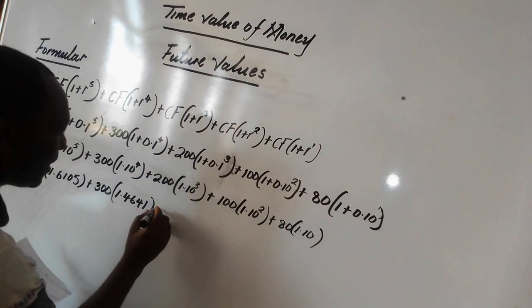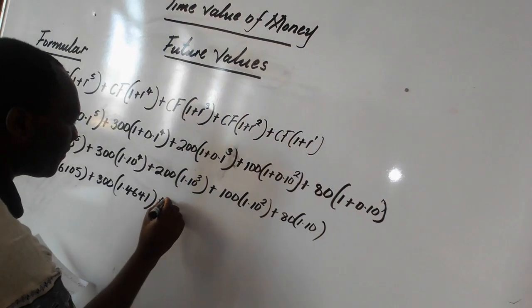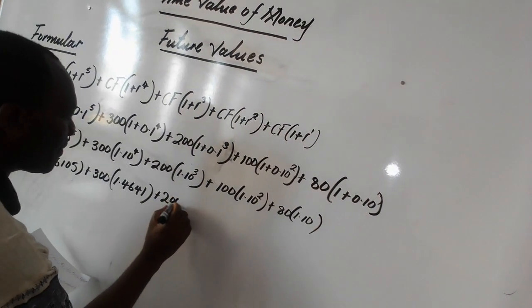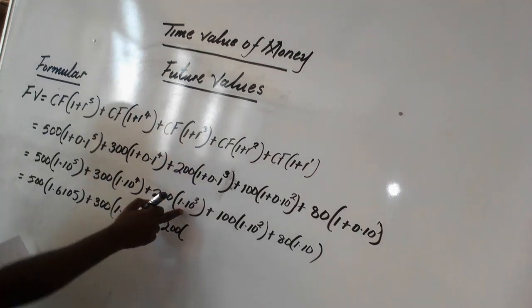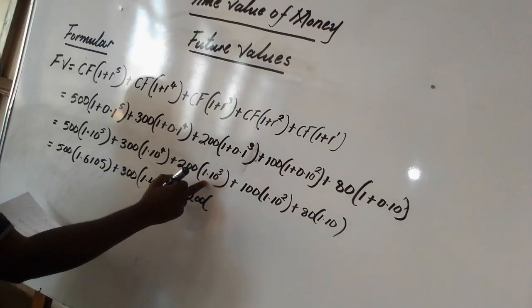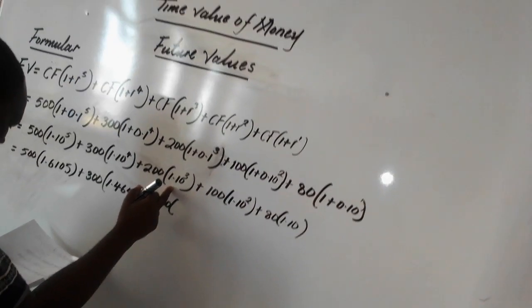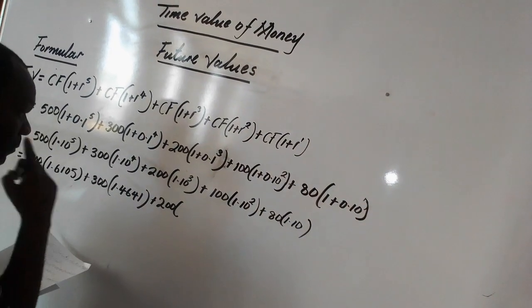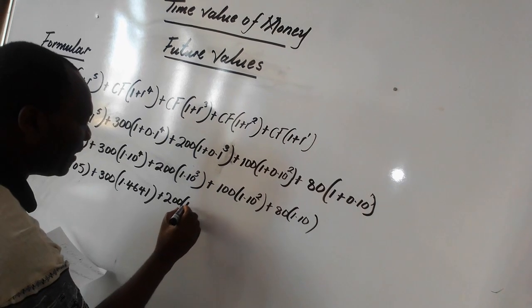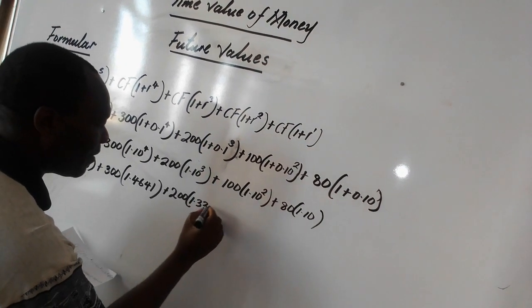Okay, you have your 200 there. You raise 1.1 to power 3. It will give you 1.331.